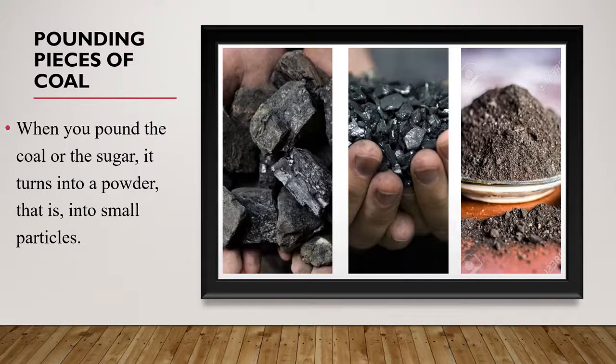Here you can see small particles. The coal has turned into small pieces first, and if you pound it further, it will turn into fine powder-like particles. Same thing happens with sugar also. जब हमारे घर में sugar होती है, अगर हम लोग उसे sugar को pound करेंगे in the mortar and pestle, you will find that it will turn into a fine powder.